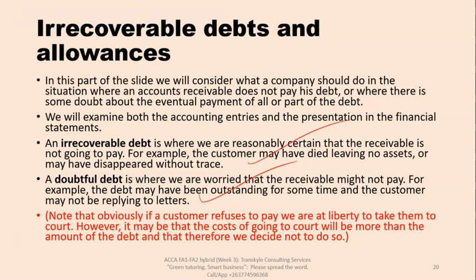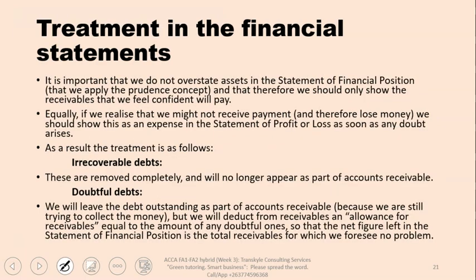Note that if a customer refuses to pay, we are at liberty to take them to court. However, it may be that the cost of going to court will be more than the amount of the debt, and therefore we decide not to do so. So sometimes it is better to just keep on pestering than to try to take them to court, considering the value involved.